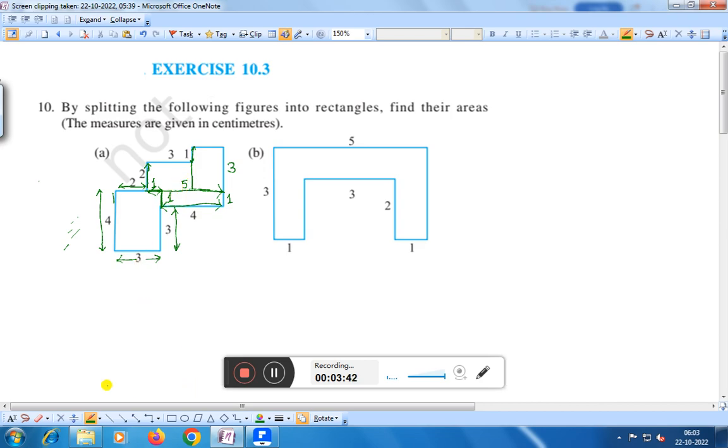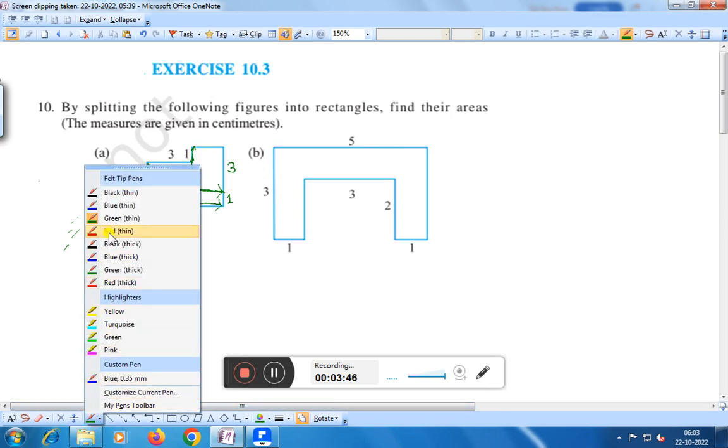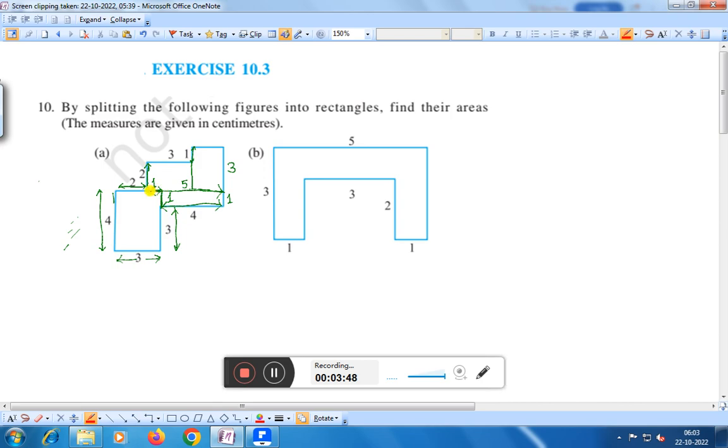I'm changing the color also. Right? That means this length from here to here is 5. And from 5 if we subtract 3, since this length is 3, therefore 5 minus 3, that is 2.